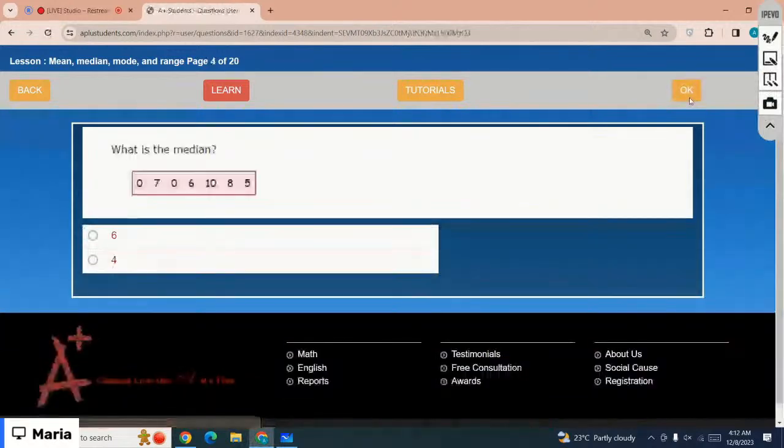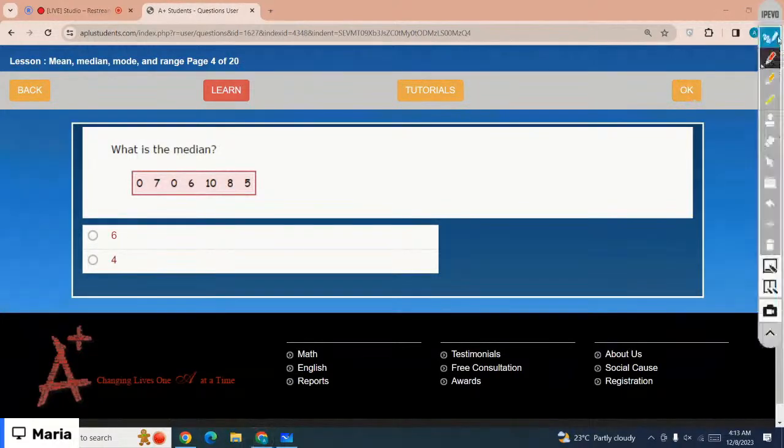Okay, the next one is, what is the median? Which is the correct option? Arrange the values from least to greatest. Let's see which is the middle one. Let me arrange them: 0, 0, 5, 6, 7, 8 and 10.